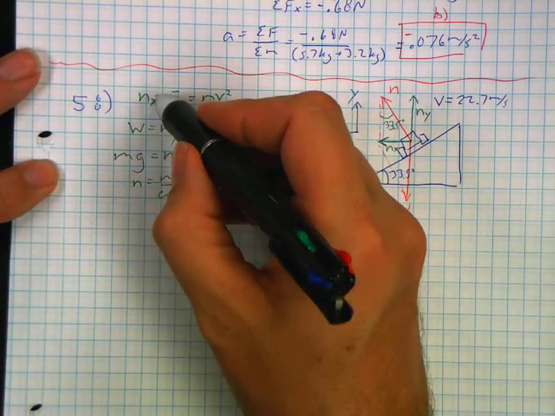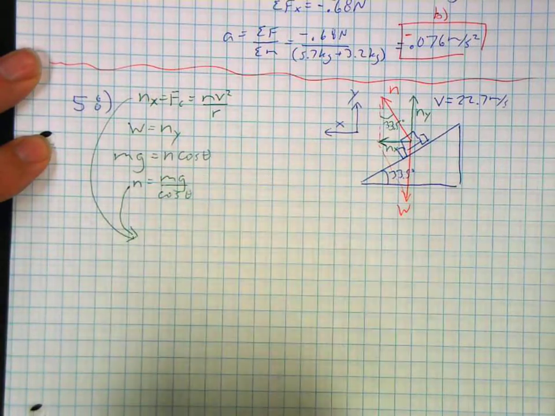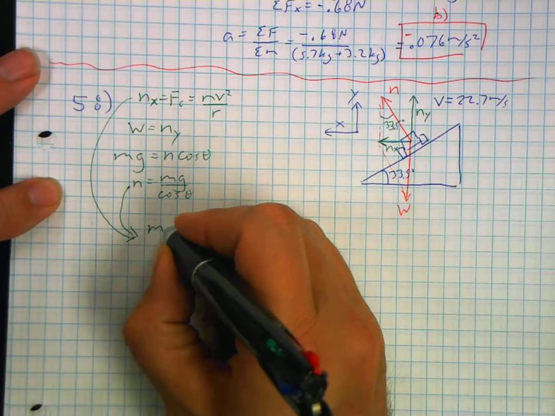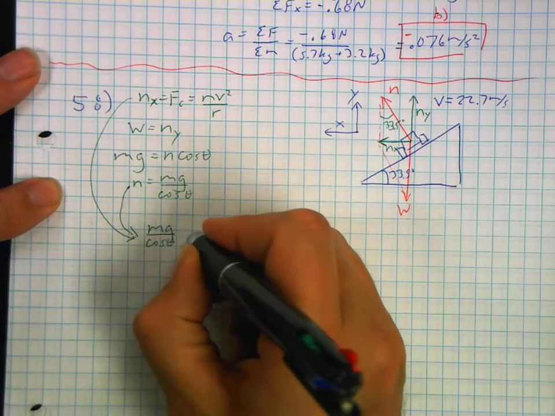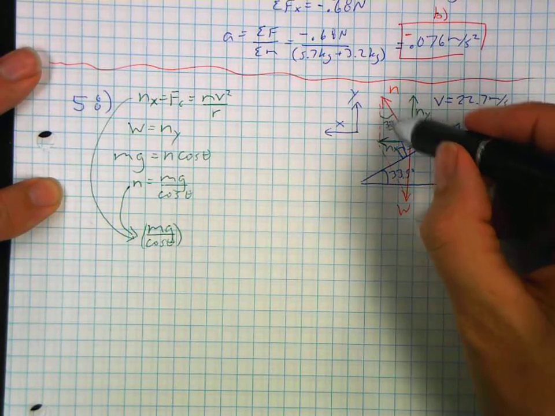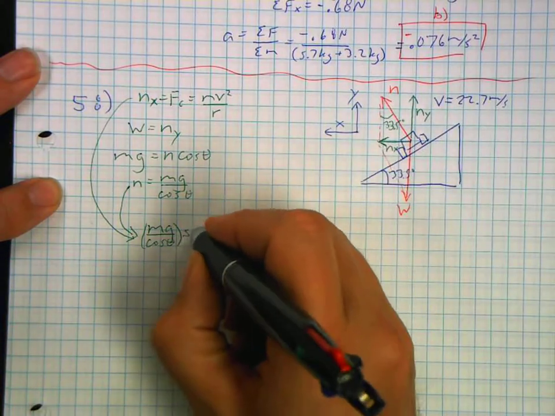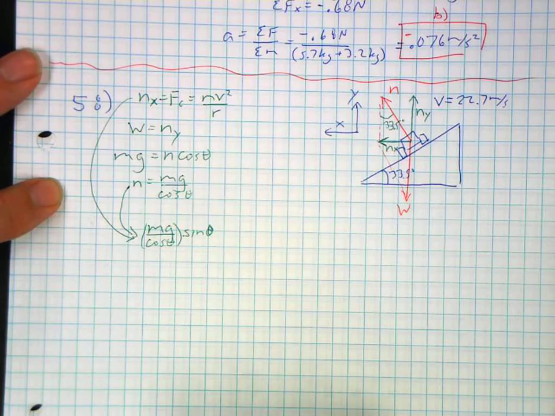Now I want to put that back into here. We're going to combine them up. We're going to say that my normal force, which is mg divided by cosine theta, gets multiplied by the sine of the angle, because I want only the X component of that normal force.